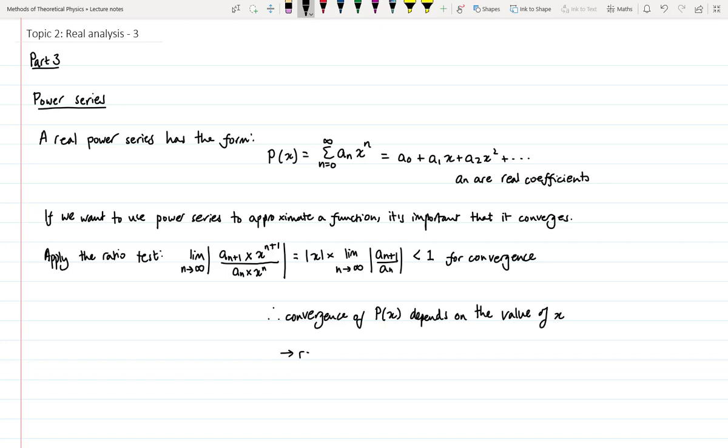And as before, we can say that the range of values of x for which this expression holds gives us the interval of convergence for the power series.